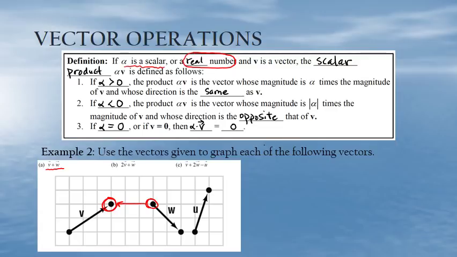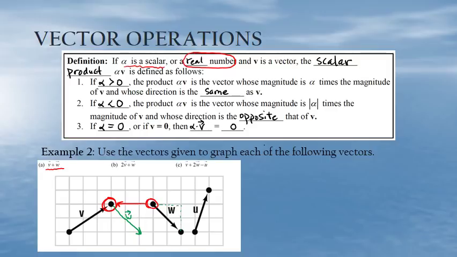I'm going to notice that vector w, where it starts and where it ends, are 2 to the right and 2 down. So from the terminal point of v, I'm going to go 2 to the right and 2 down and connect those and know that what I've just done is perfectly moved vector w.